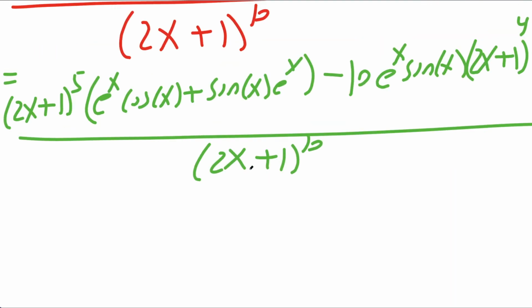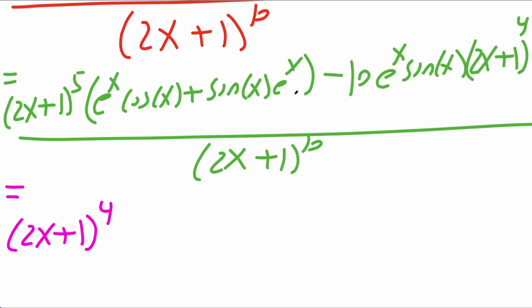At this point, we can factor out terms that are common for the numerator. Like this piece is (2x + 1) raised to 4, and this is (2x + 1) raised to 5. So we could factor out a (2x + 1) raised to 4 because that's common amongst both of these terms. So what we could say is (2x + 1) raised to 4. Now, each of these pieces has an e raised to x.